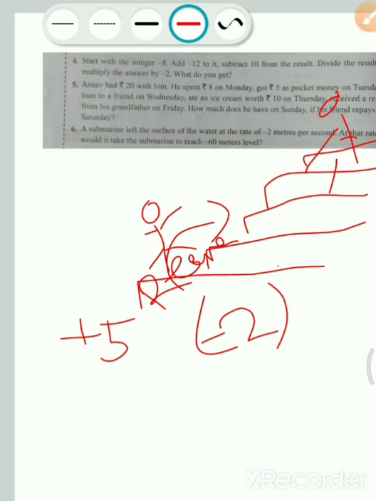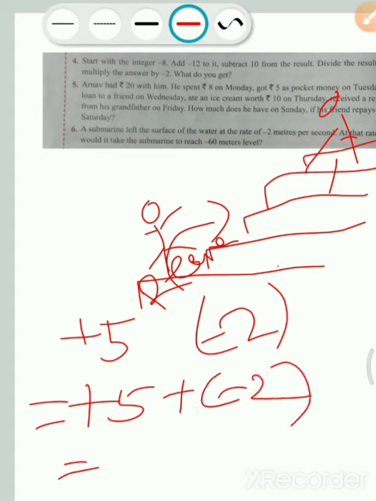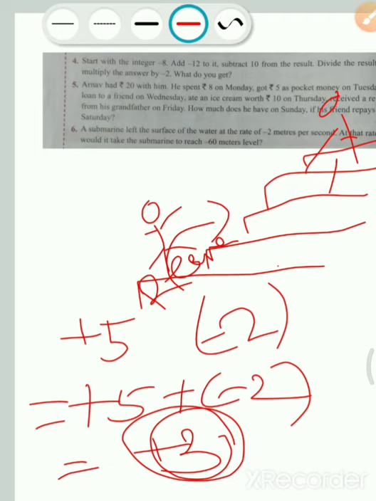In these 2 consecutive seconds she climbs 5 plus 5 minus 2, it will become plus 3. Then to climb three stairs it takes 2 seconds.